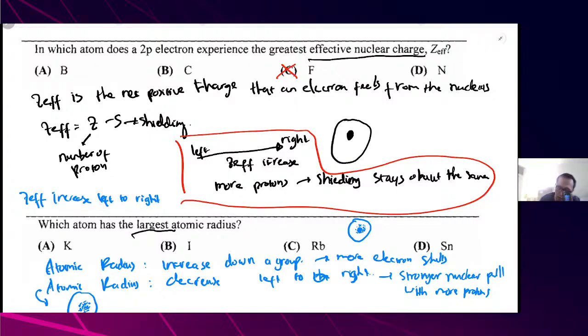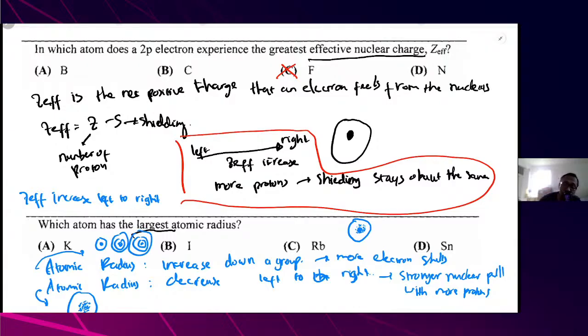However, for this other concept of atomic radius, it will increase your shells. You will have more electron shells, like this one: this has one, and then right now it has two, or it will have three.